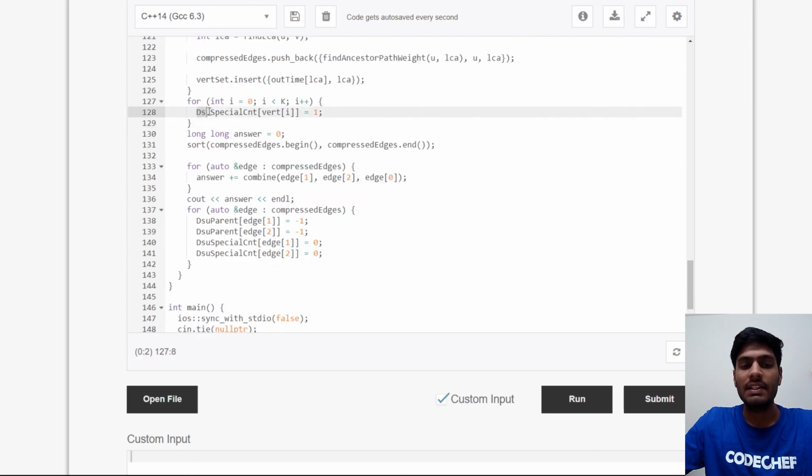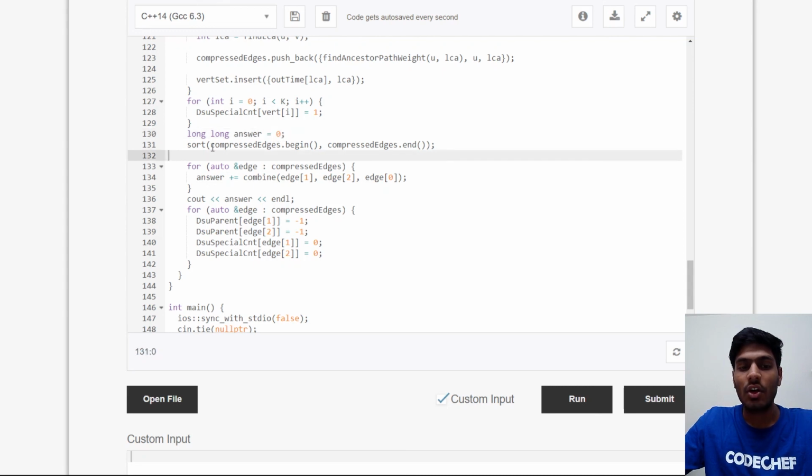After that, we initialize the DSU special count of the independent set which contains the vertex I to be 1. Vertex I is one of the k vertices given in this query. After that, we start with initializing our answer to 0.